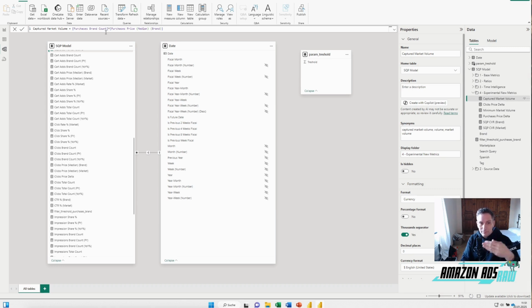So 1% of all the purchases, but your price is double, means you get 2% of the total volume that is available, in terms of sales volume available. And this is kind of powerful for more long-term strategic things.